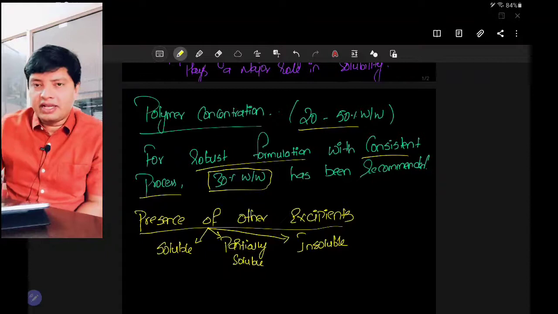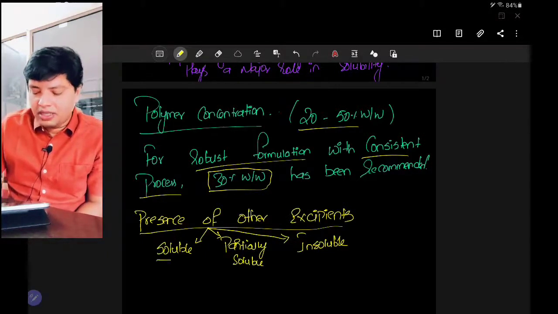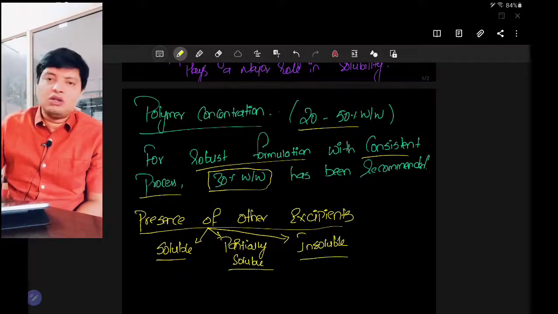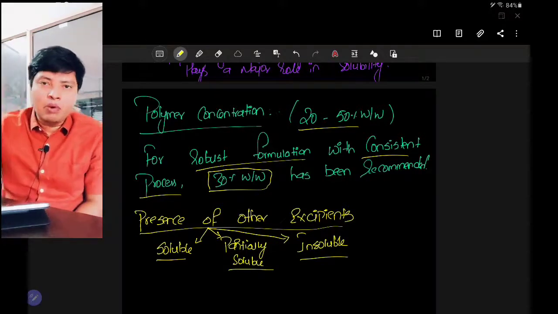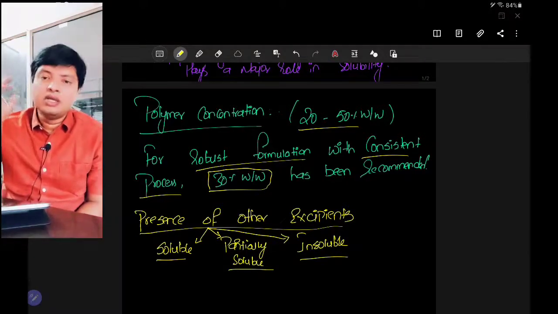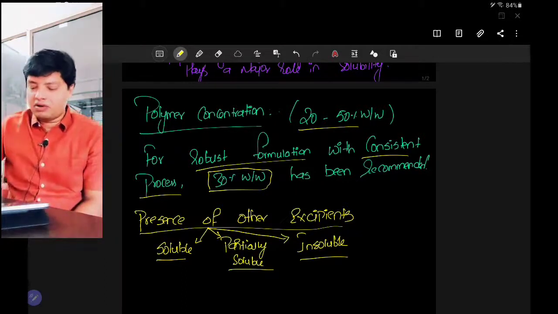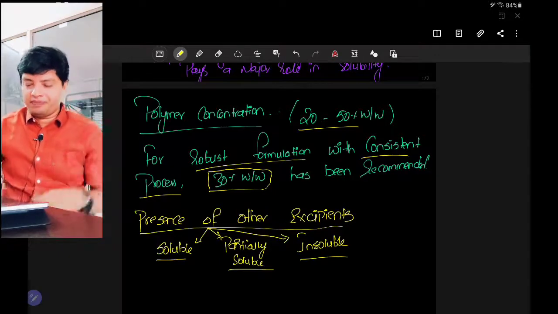Next, we have presence of other excipients. We have excipients like soluble excipients, and partially soluble and insoluble excipients. We will see part by part what happens when we incorporate soluble excipients in the dosage form for designing of a controlled drug delivery system.